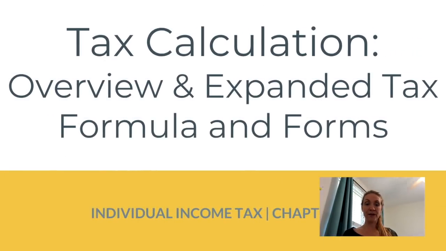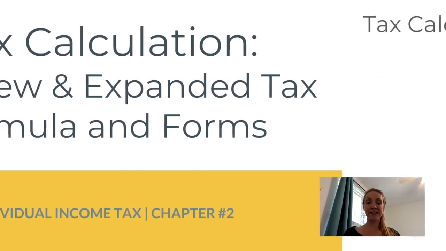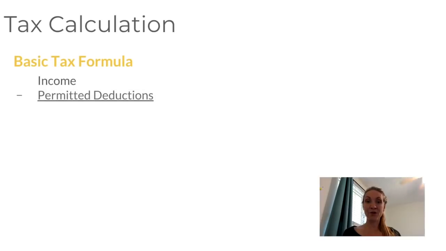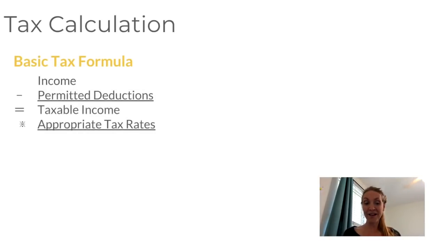So we'll start with the basic and expanded tax formula and the tax forms. So we started out with this basic tax formula. Total income minus permitted deductions equals taxable income times appropriate tax rates, which essentially is using the marginal rate and then plus the rate that applies for each amount of income earned, which we can do on the tax tables for people with 100,000 taxable income or less.